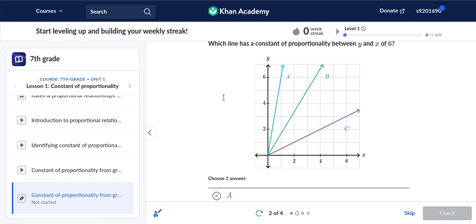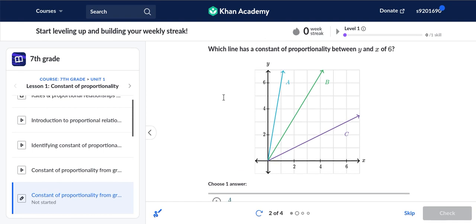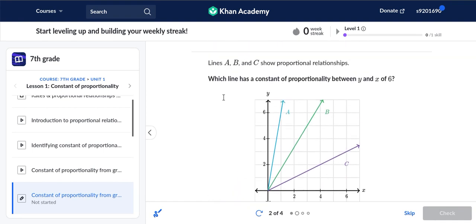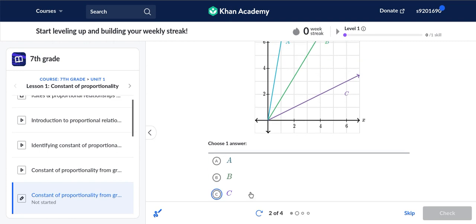Now, let's see. We have 6 right here, and the C is pointing up to the 6. So that means our constant of proportionality for 6 is C.